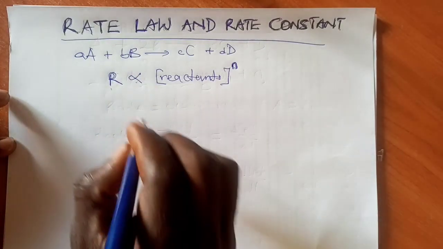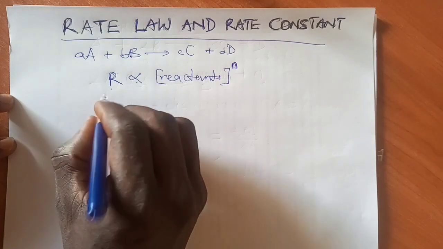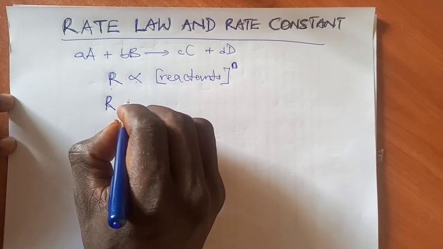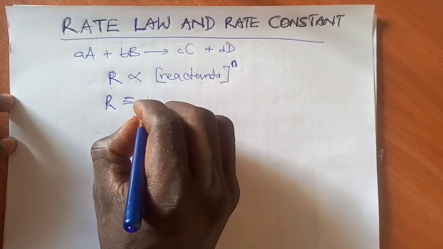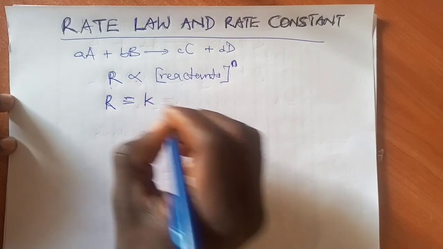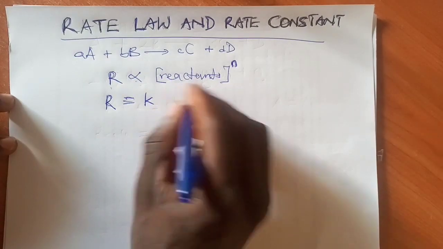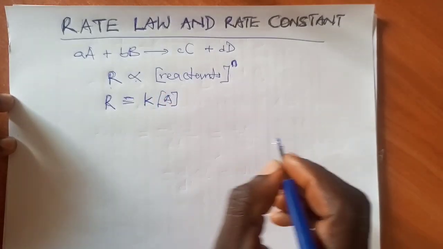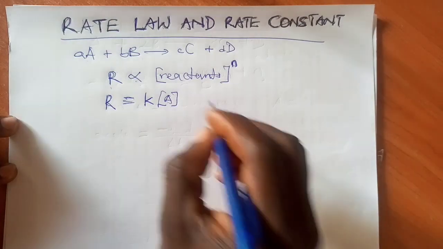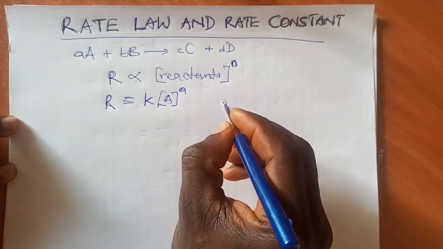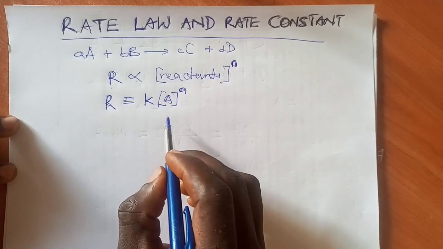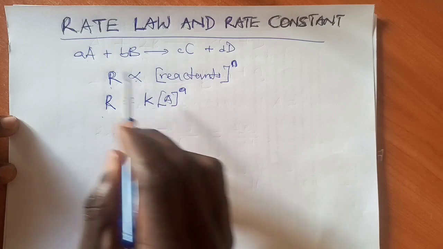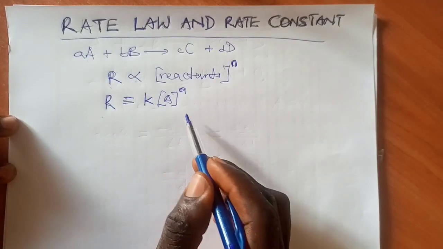Do you understand? By implication, if you write the equation, you have R, which is rate, equal to K, a constant we introduce, which is our rate constant, times the concentration of reactant A raised to the power of its coefficient a. The law says the rate is proportional to the product of the concentrations of the reactants raised to the appropriate powers.